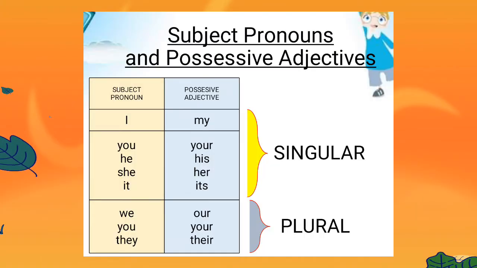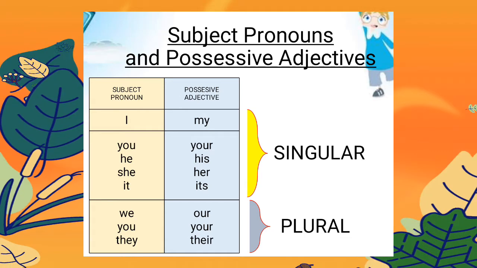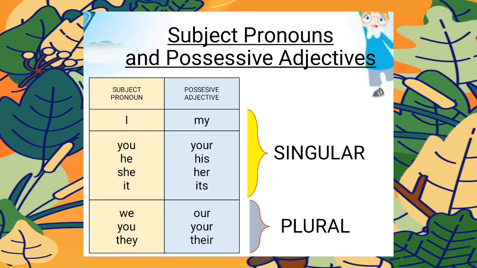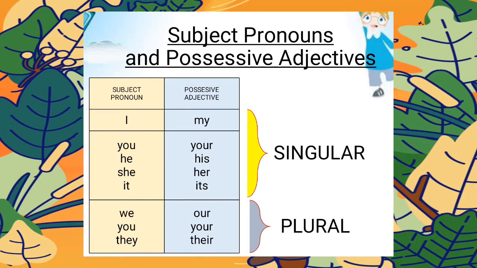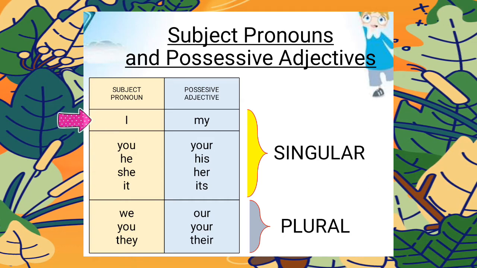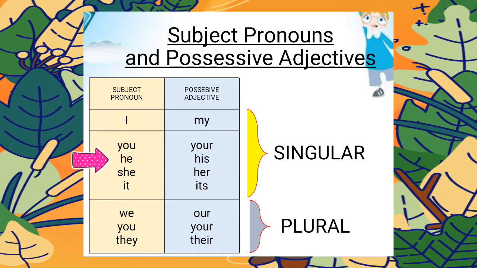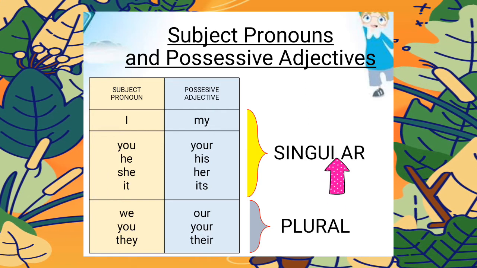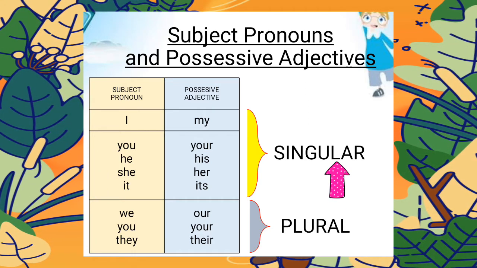Okay, now let us move on to the second language focus, that is subject pronouns and possessive adjectives. These are examples of subject pronouns. I, you, he, she, it. Example of the singular subject pronouns.